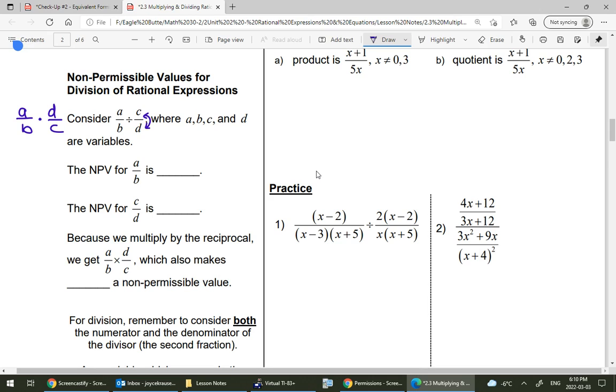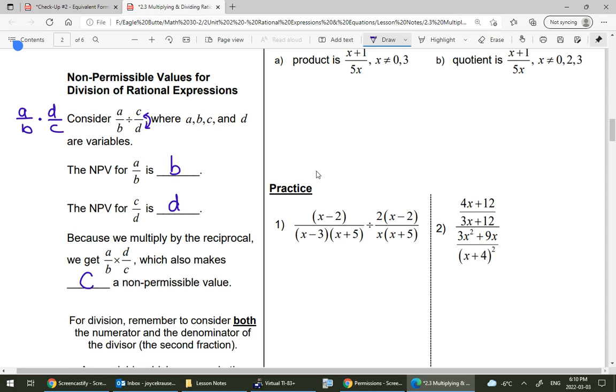So the d is originally in the denominator, so it's still a restriction, but when we flip it, c also goes into the denominator. So when we're looking at the NPVs for a over b, our restriction is b. When we have c over d, then our restriction is d cannot be 0. But because we're multiplying by the reciprocal, we also have to consider c as a non-permissible value.